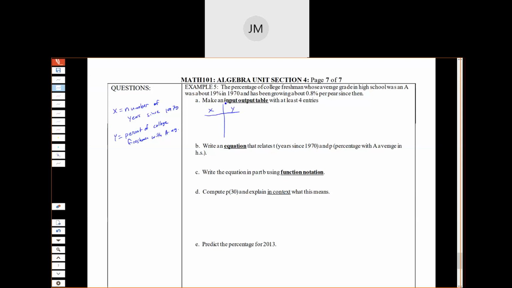So if I just make an input-output table, when x is 0, so that's in the year 1970, it should be 19%. And then every year, that's going to decrease by 0.8.